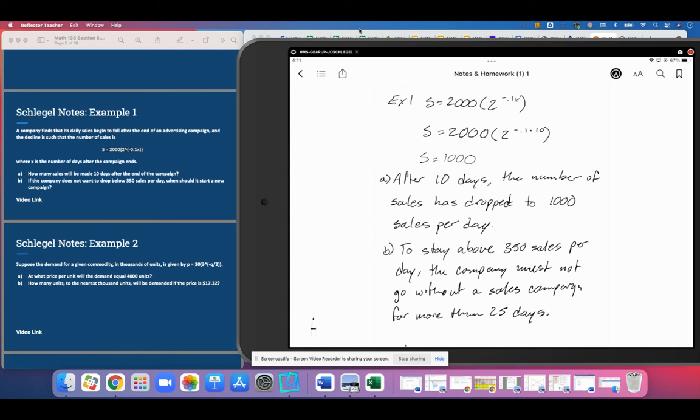This company is trying to save as much money as possible by not running sales campaigns, but still keeping their sales up. We have cracked the code for them in regard to both of those problems.